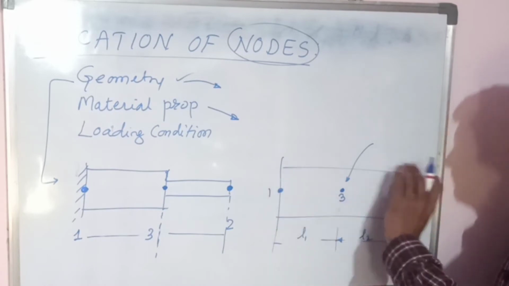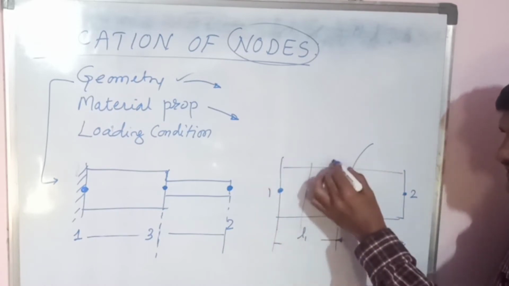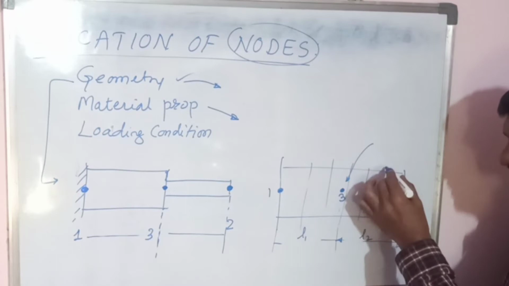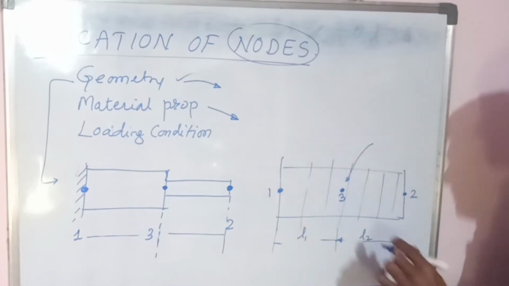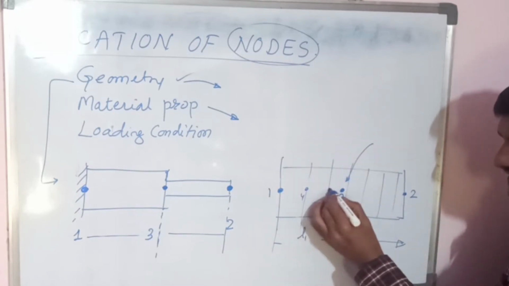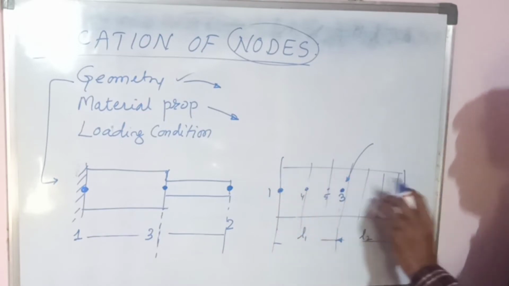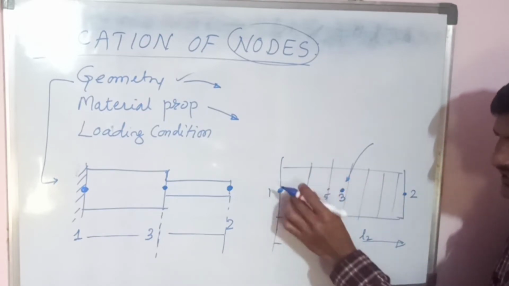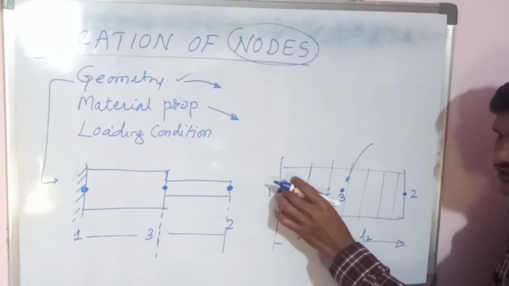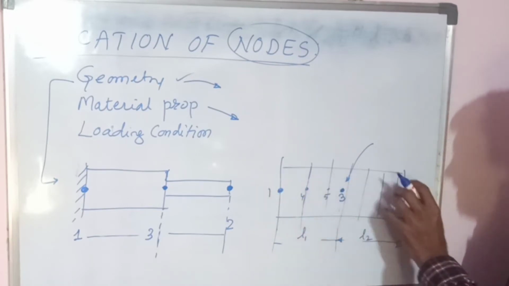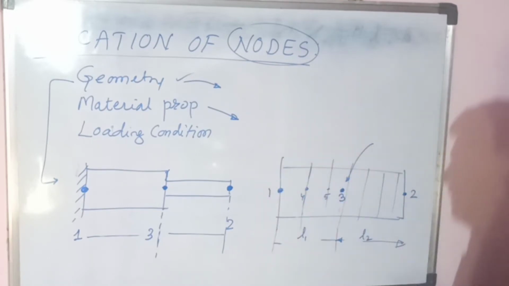Now this type of uniform bar, you can divide this element into a number of parts. You can represent nodes 4, 5 when it is uniform, meaning at a regular distance. With a uniform distance you can divide this element, right?